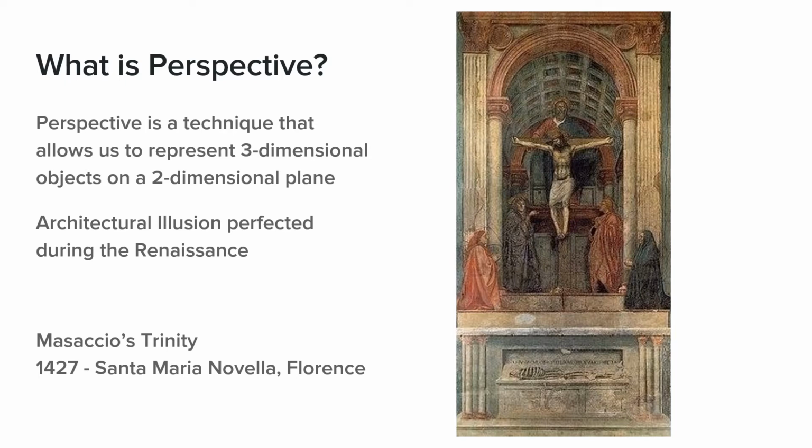Where this is located, the viewer would be standing down here, and as you look up, you would see the great architectural painting, and it looked so realistic that it looked like there's an entire room behind the crucifix here, even though it's just a painting and this is just a wall. So implementing perspective to create that illusion that you could walk through this space is the idea.